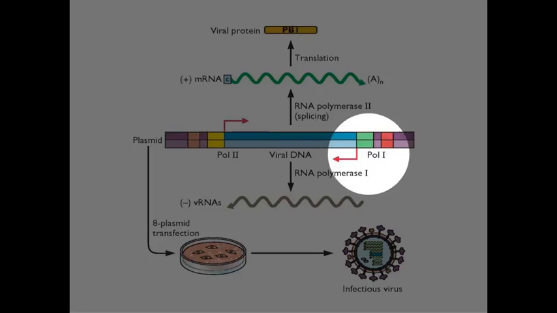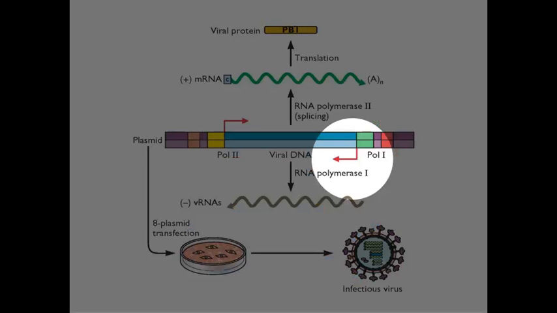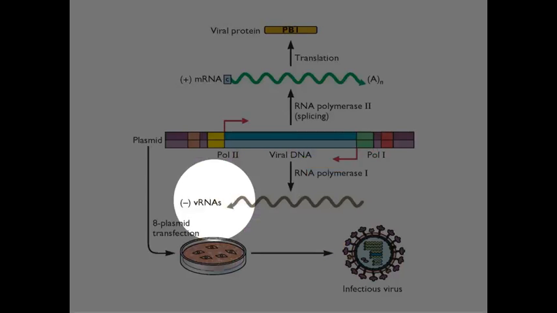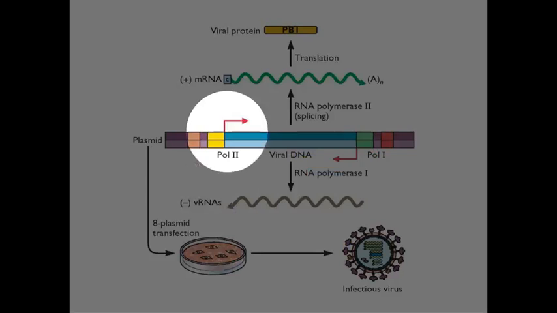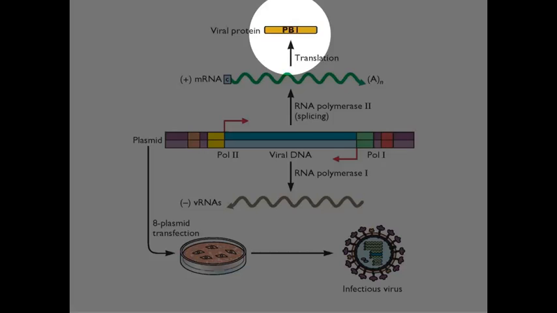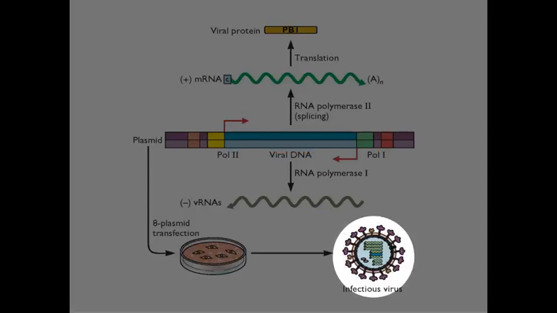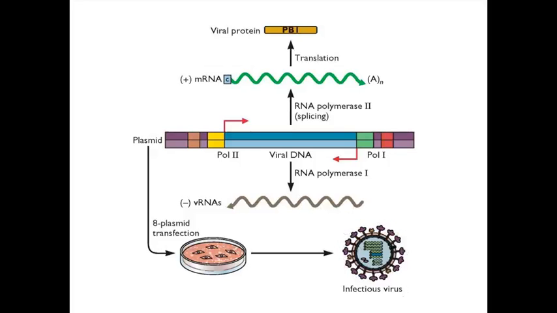When you put this plasmid into a cell, it goes in the nucleus. Pol I initiates here and makes the viral RNAs, which are negative strand. Pol II initiates here and makes mRNAs, which make proteins. So you take 8 plasmids, you put them in a cell, and you get influenza virus out. So you can recreate any influenza virus that you want. So it's not as simple as for polio because you need 8 plasmids, but it still can be done.